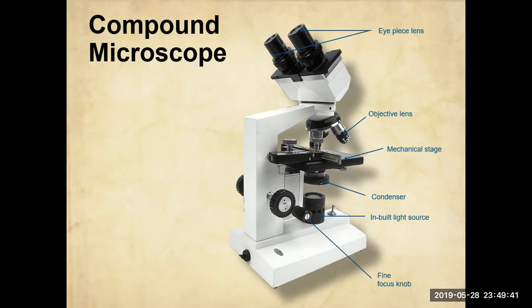The focus knob, this is what I said, can be used for movement of the mechanical stage. And the coarse focus knob can be used for going up and down. So this stage goes down and can go up while you are touching this. And here is the arm.